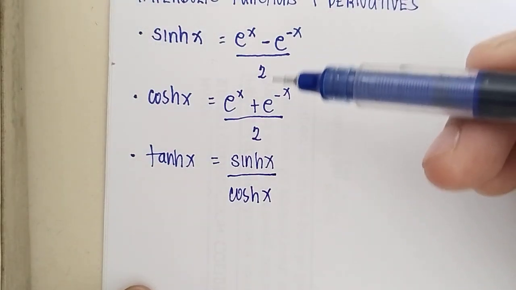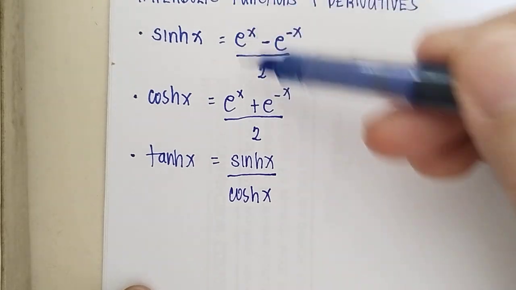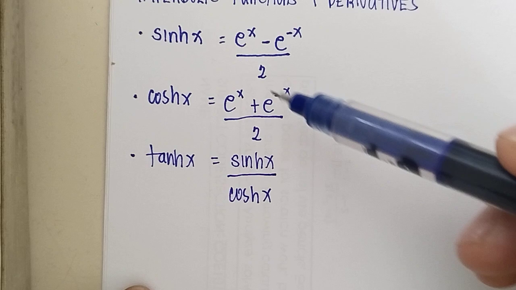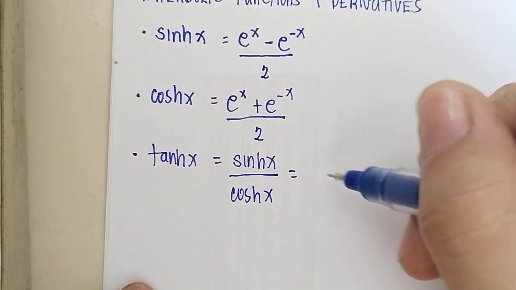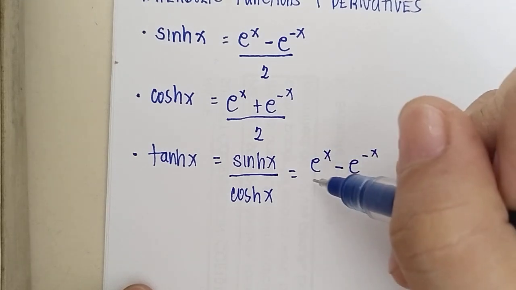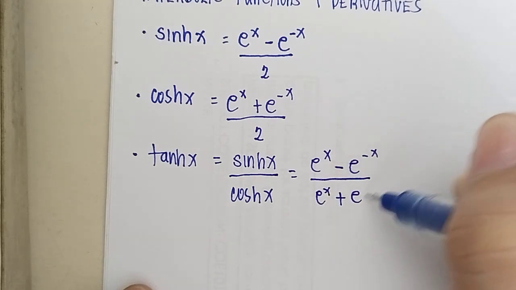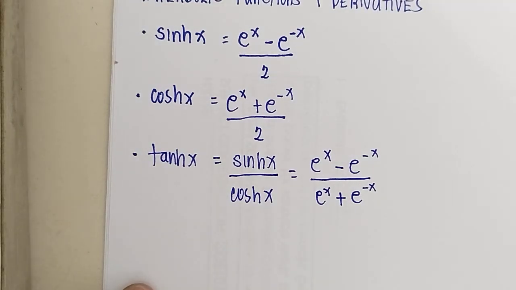Now, if you can see, if you're going to substitute this one, e raised to x minus e raised to negative x over 2 all over this, makakancel yung over 2. Kaya pwedeng simply, we can write it as e raised to x minus e raised to negative x na lang all over e raised to x plus e raised to negative x na lang. Ito. Kasi yung over 2 nila magka-cancel.